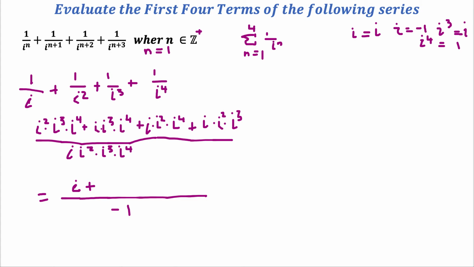Minus i squared is plus 1, and i to the 4 is 1, so plus 1. And what do we have here? Here we have i squared is minus 1, and 1 times i is minus i. In fact, it's not a plus here, I'm sorry, it's minus i. So we can write minus i.